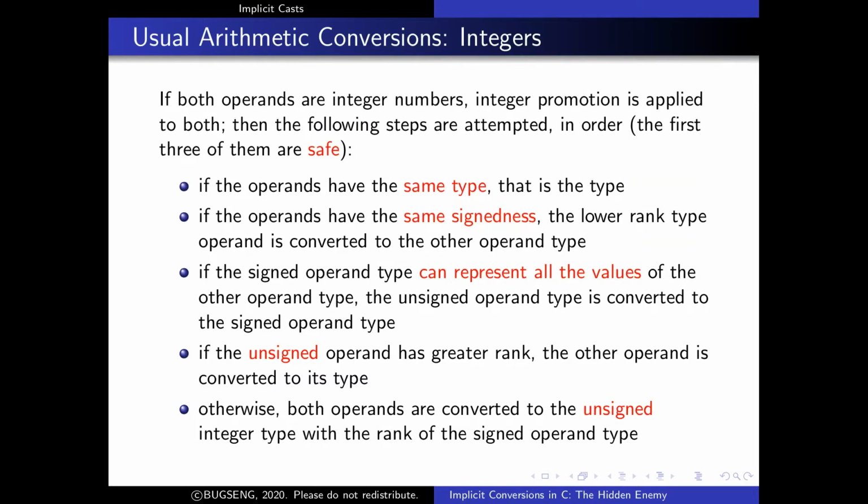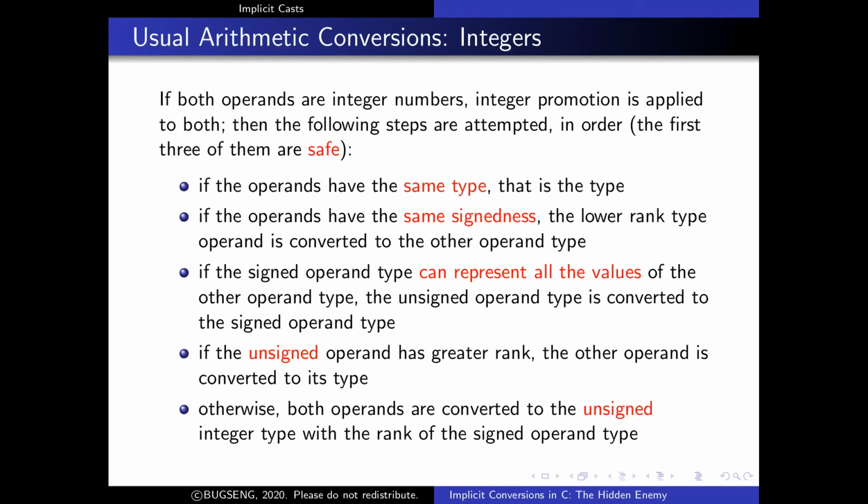So the usual arithmetic conversion rules are as follows. First of all, if both operands are integer numbers, integer promotion is applied to both. So at the end of this first stage, the lowest ranks that you can have are those of int and unsigned int. Anything below this will be promoted to either int or unsigned int.